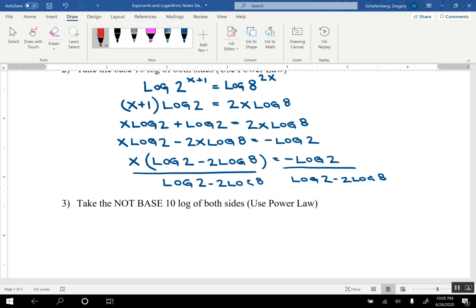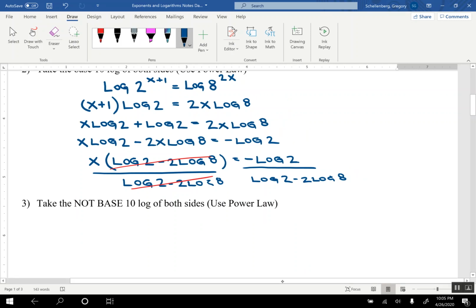So on the left-hand side, those cancel each other out. We're left with x. And on the right-hand side, we're left with the negative log of 2 divided by log 2 minus 2 log 8. And if you were to punch that into your calculator, what you would end up with is that x is equal to 0.2. Okay, so same solution, different process.